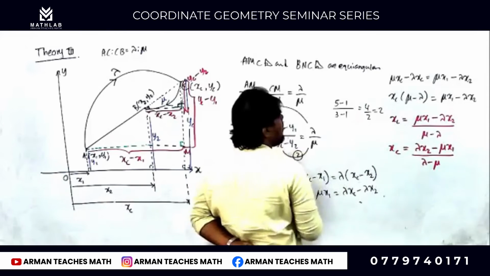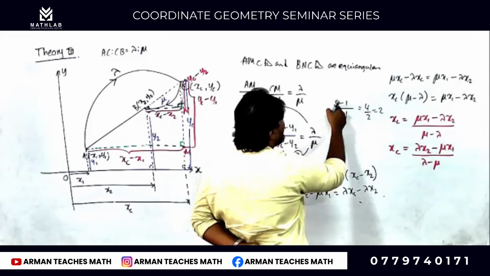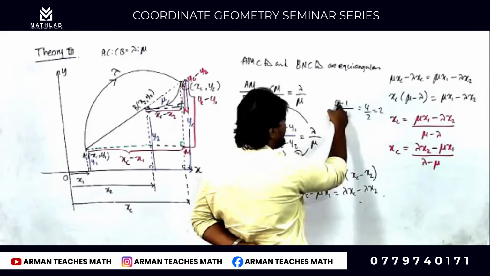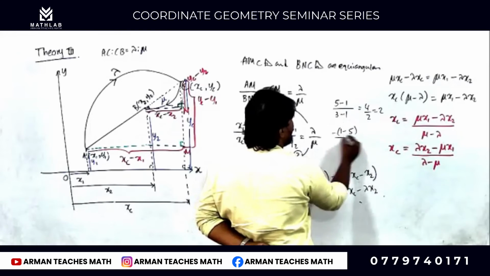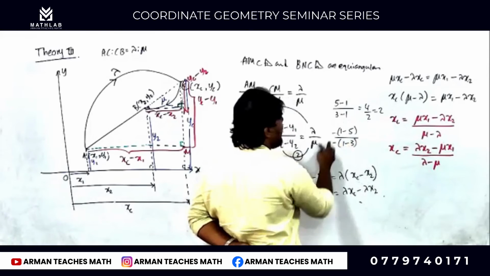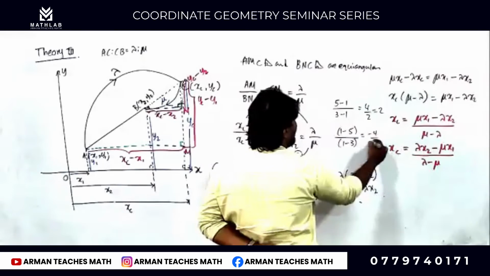Answer is 2. But I don't like to keep it like this. What I'm doing is taking a minus sign outside from the numerator and denominator. It gives me 1 minus 5 divided by 1 minus 3. Minus and minus cancel out. Still the same answer, no? Minus 4 divided by minus 2.